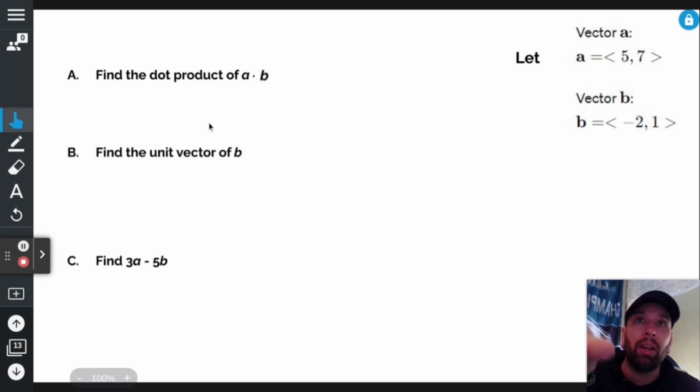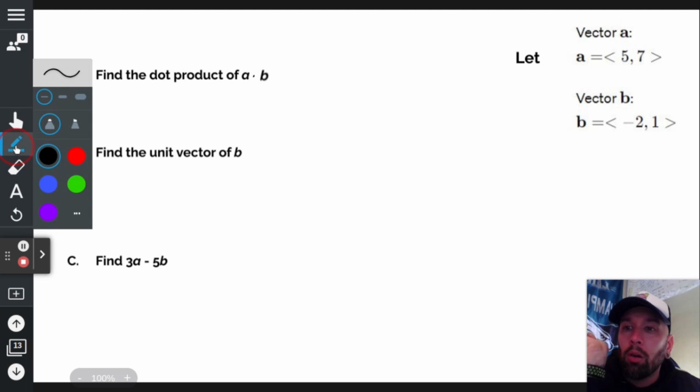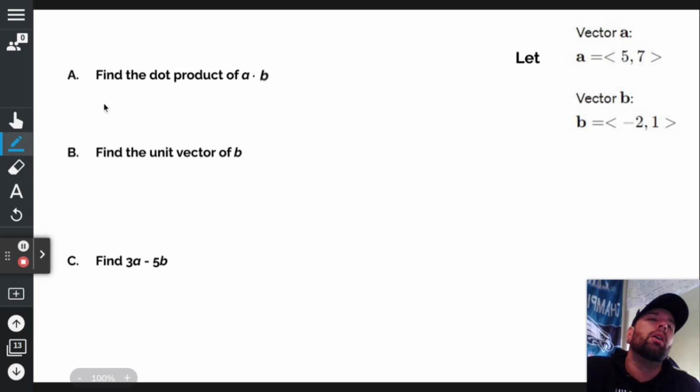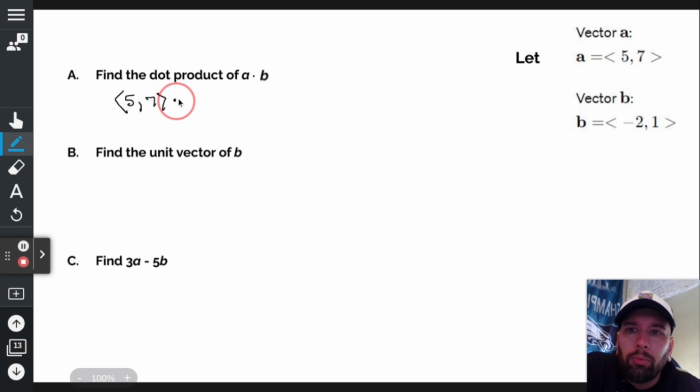So the dot product, what you do with the dot product is you take both of your vectors that are in vector or component form. Thank goodness for that. If it's not in component form, put it in component form. So this is going to be 5, 7, and -2, 1.